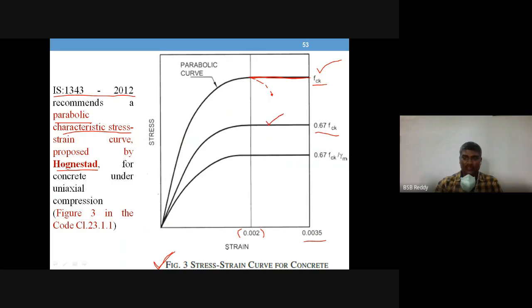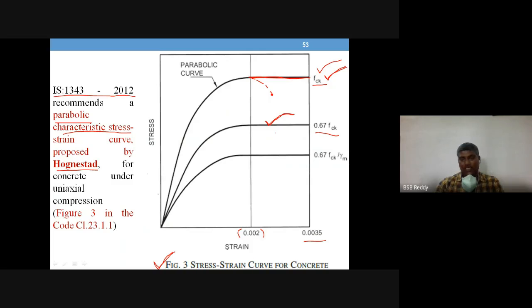This is the curve which incorporates the size effect of the concrete, because we will be testing a cube of 150 mm size in the laboratory, and we will be drawing this curve, which is the characteristic stress strain curve. But practically we will be using beams of size 300 by 300 and of length maybe 5 meters or 10 meters, something like that.